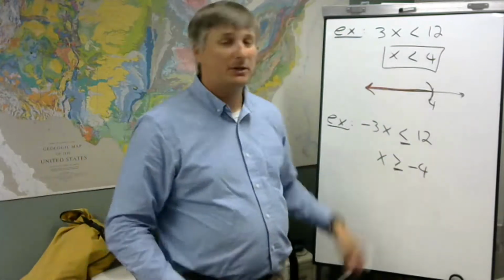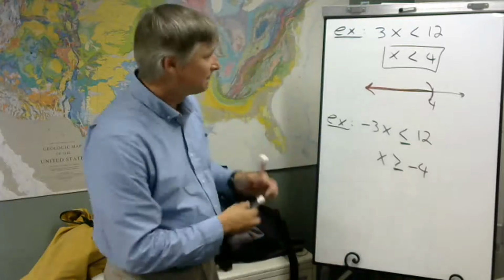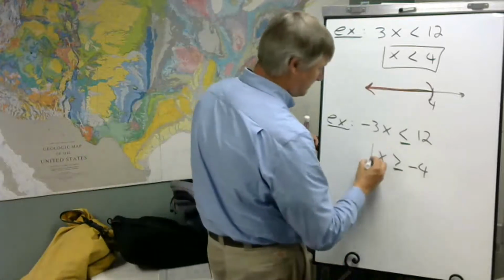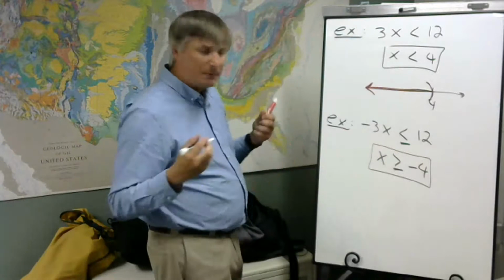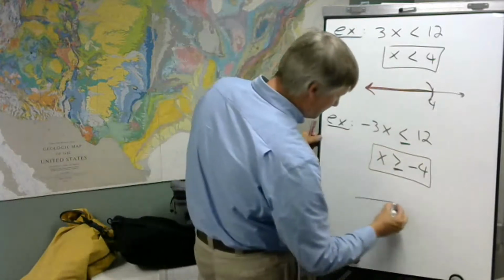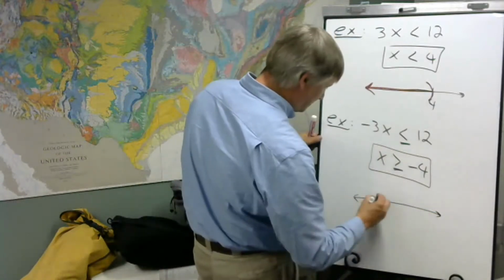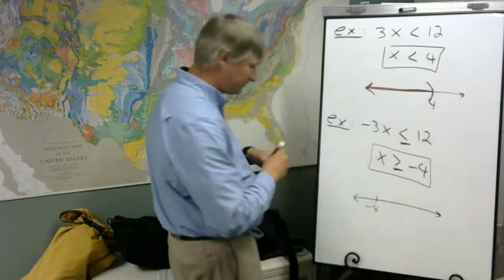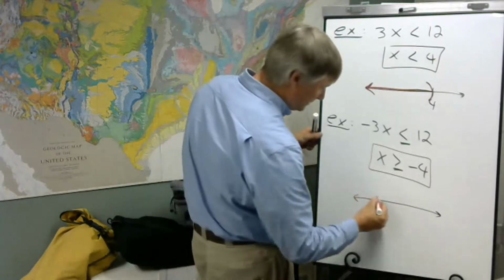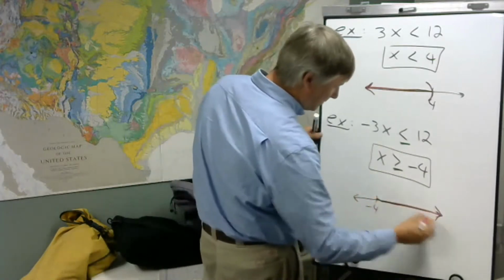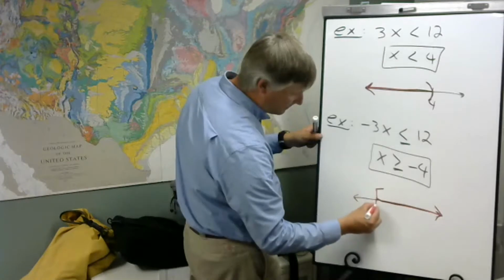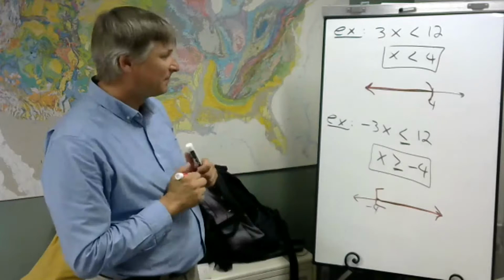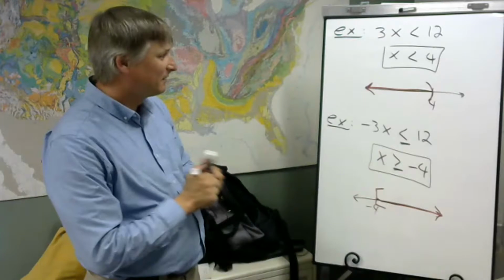But this flips around because we divided by a negative. So that's our answer. What the interval looks like, negative 4, everything bigger than negative 4. And since we have an equal to, we'll put a bracket. And there we go. All right.